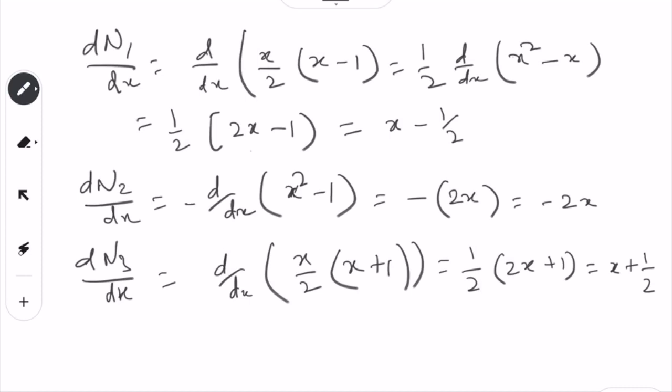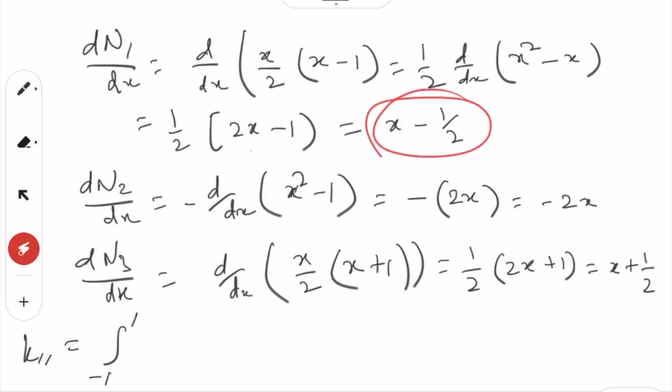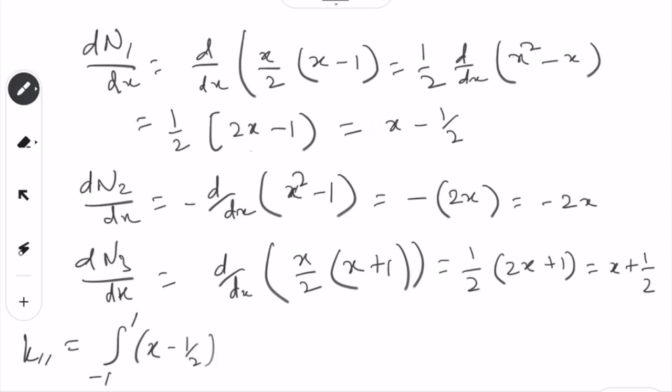Now, next, if you want to find K11, you can find it from -1 to 1 of x minus half square, because it is dN1 over dx whole square, since both indices are 1, times E times A dx.